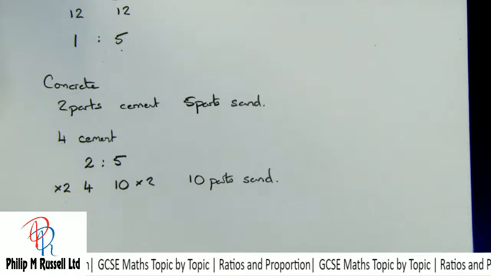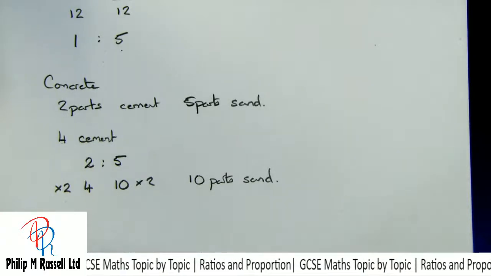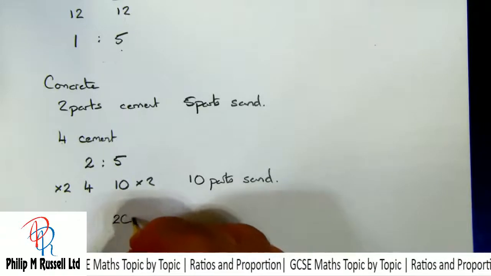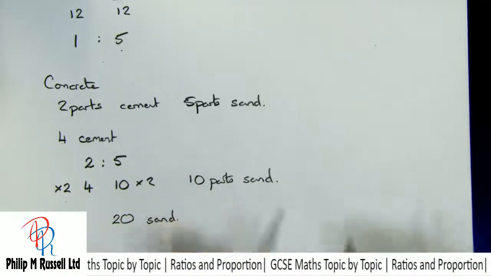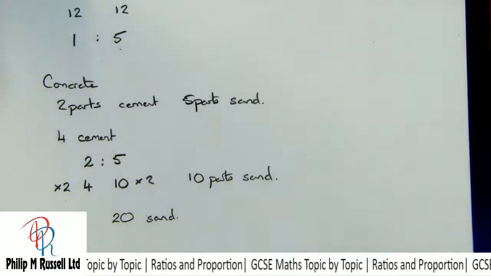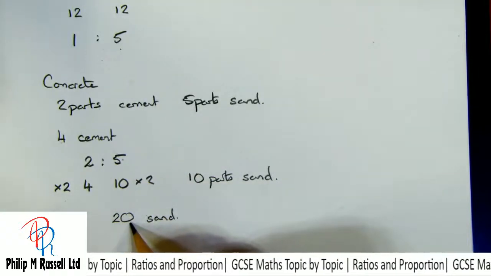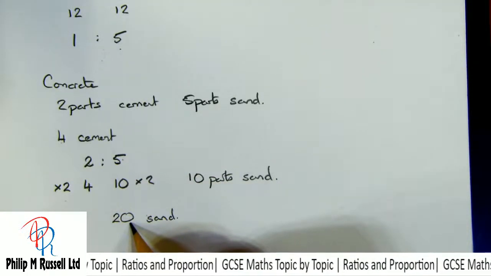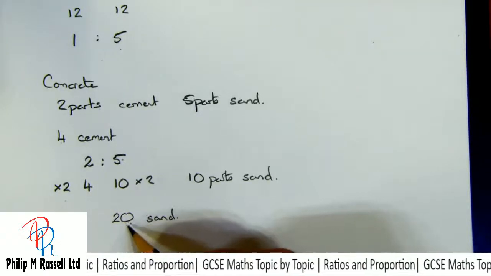And if I had, let's say, 20 buckets of sand, how much cement? Well, we look at what we've got. What have I done to this 5 to get 20? Well, I have multiplied by 4.